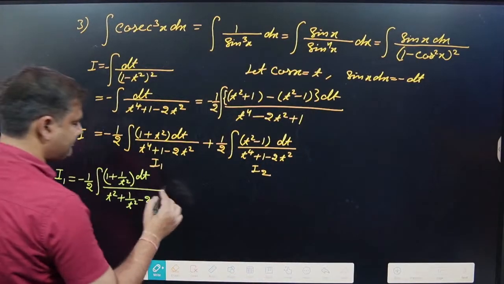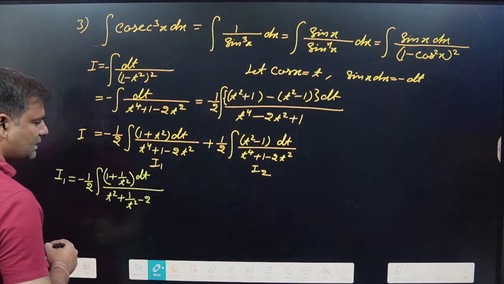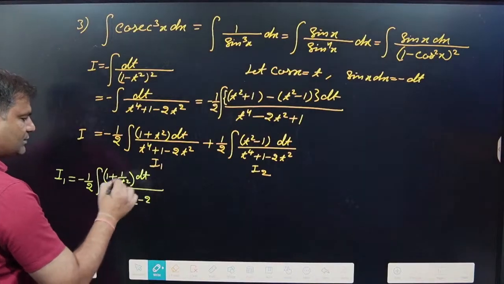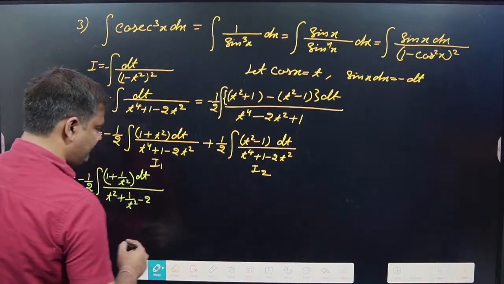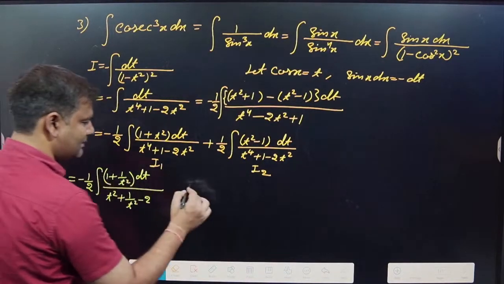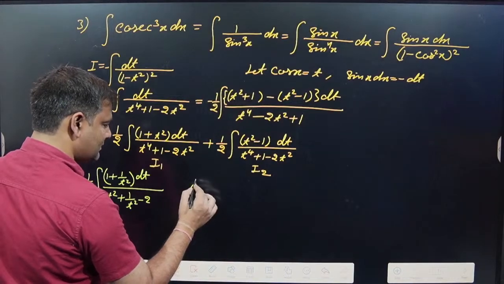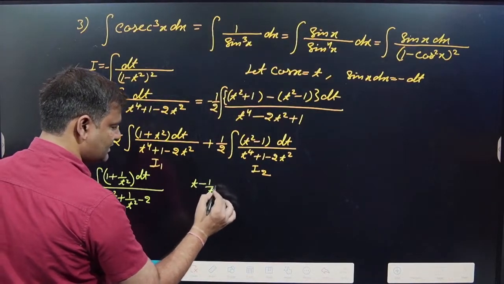After that, what about that value? Simply, t minus 1 by t is replaced by y.